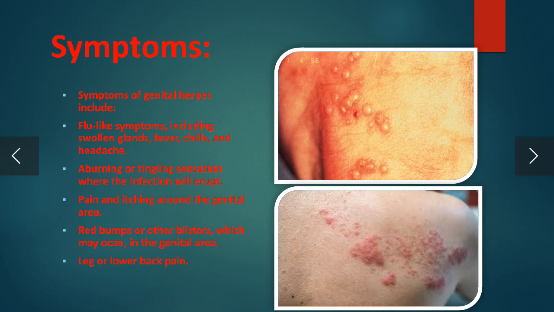Symptoms. Symptoms of genital herpes include flu-like symptoms including swollen glands, fever, chills, headache, and pain, itching around the genital area, red bumps, or blisters which may ooze in the genital area, legs or lower back pain.